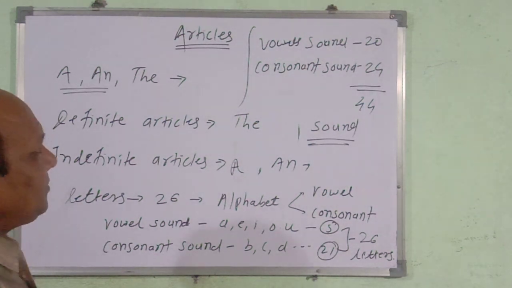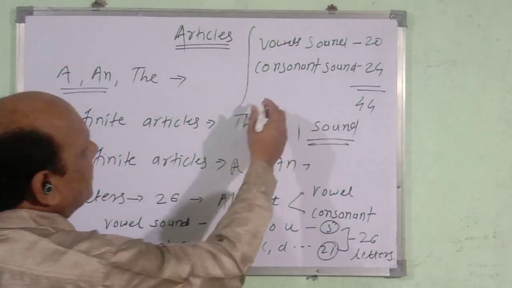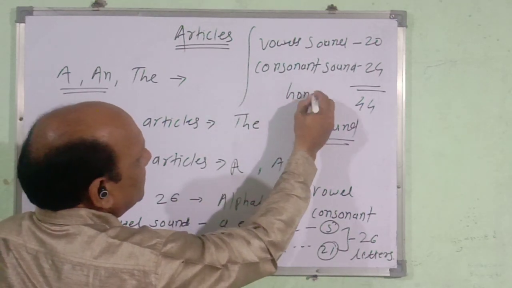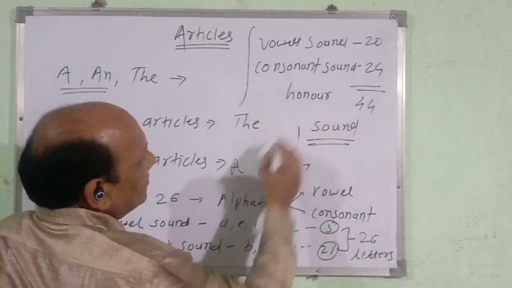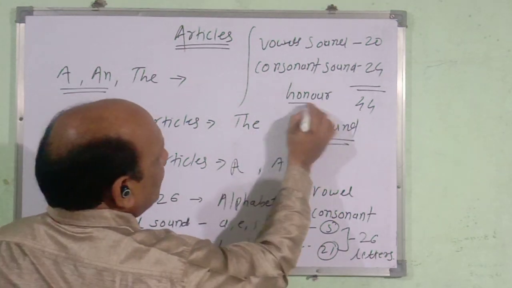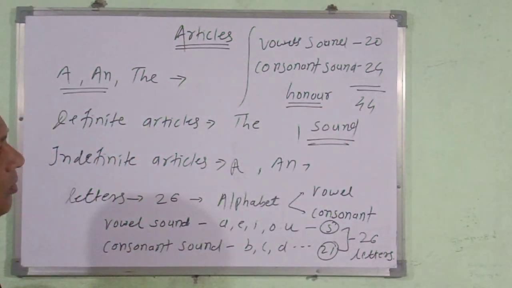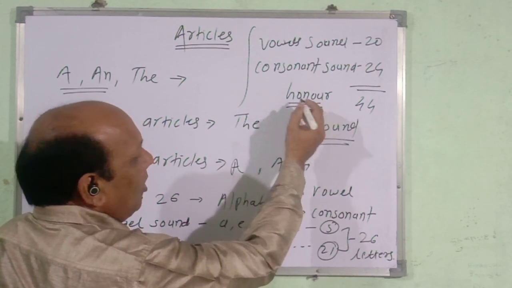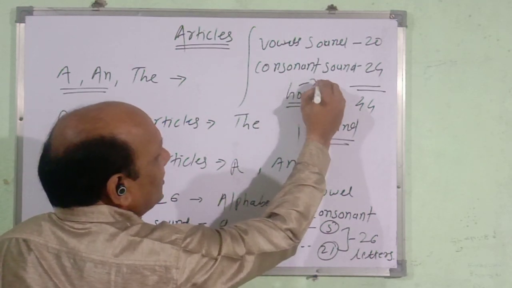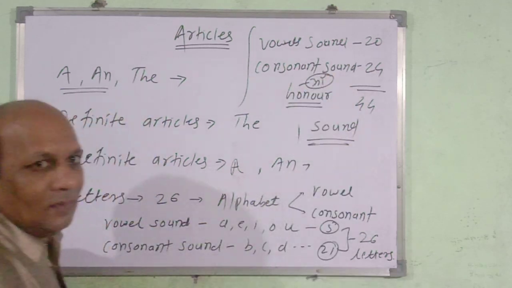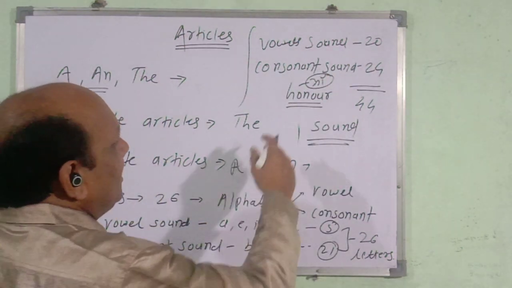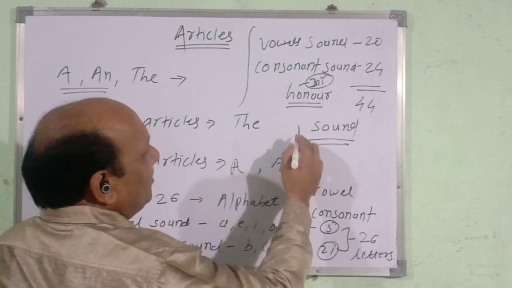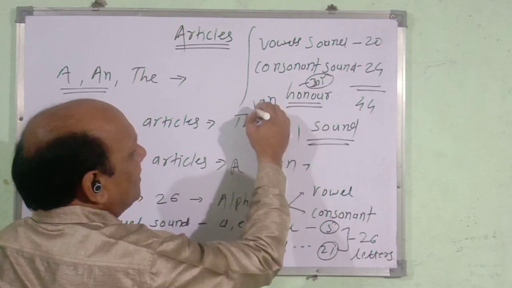For example, when you are talking about the word "honor", this noun begins with a vowel sound. Getting it? When you are talking about a vowel sound, at that time we have to use "an" article.